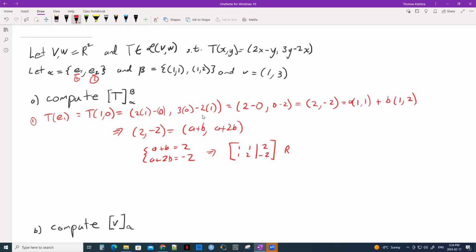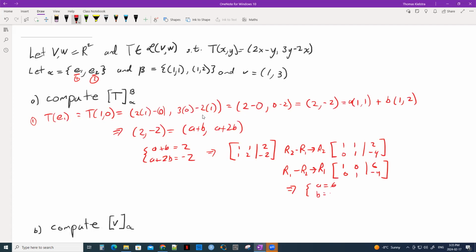And now if we take R2 minus R1, replacing R2, we get 1, 1, 2, 0, 1, -4. And then R1 minus R2, replacing R1, gives us 1, 0, 6, 0, 1, -4, which gives us the equivalent system of equations: A equals 6 and B equals -4.